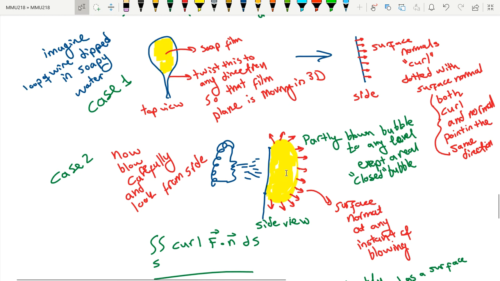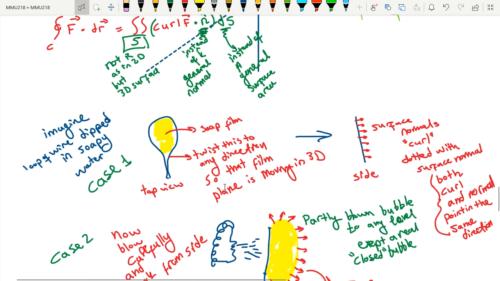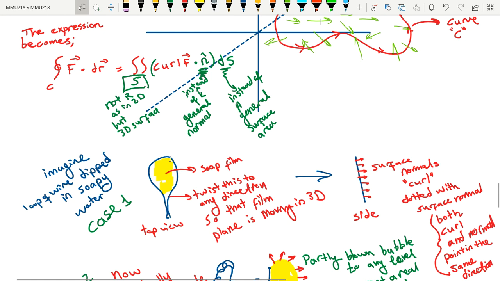So this has an interesting result. The flux coming out, you can assume that the flux of the particles that have a tendency to move outwards is going to be the right hand side of my expression, and it's going to be equivalent to taking the line integral around the open end of that surface.